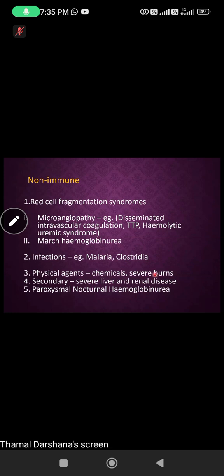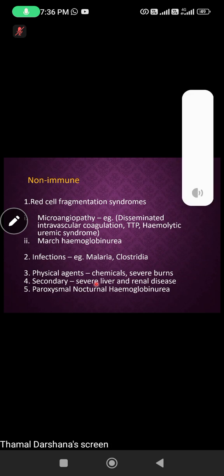And hemolytic anemia sometimes could be secondary to other conditions as well, such as severe liver and renal disease, chronic kidney disease, end stage renal disease, and also chronic liver cell disease. Severe forms of such conditions can cause red cell destruction.